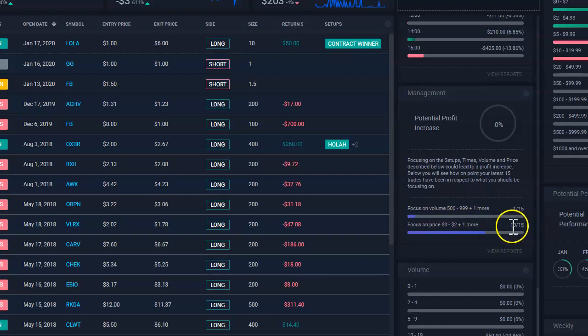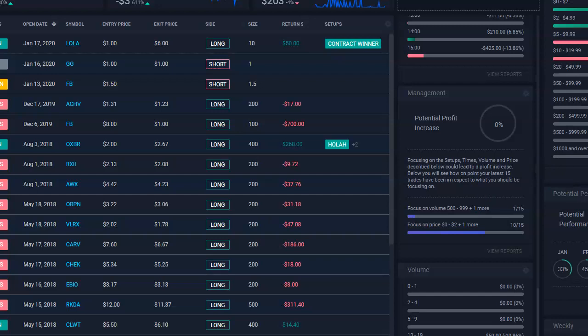For the last 15 trades, yes, I have been able to place trades between this range of pricing, and for the last 15 trades, it seems like I have almost not been able to keep between this range of volume, which it's telling me that I'm not following the plan that I initially thought that I should be following. That helps you keeping track of where you should be focusing on, all right?